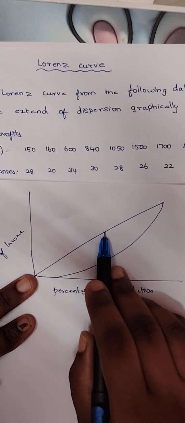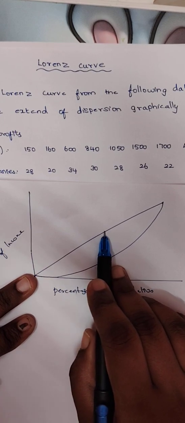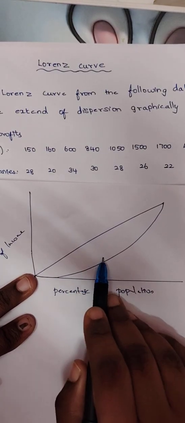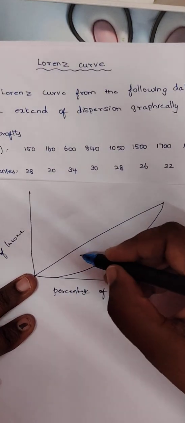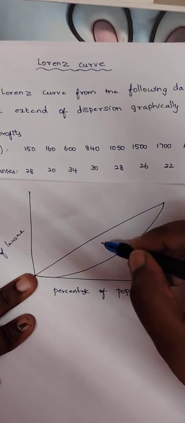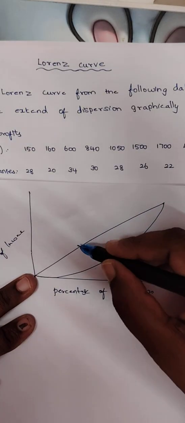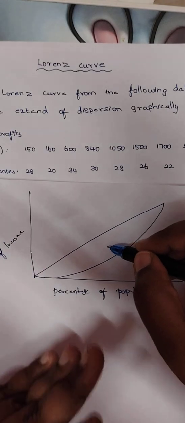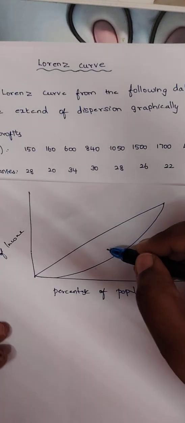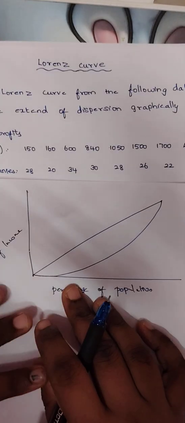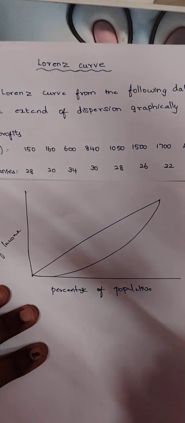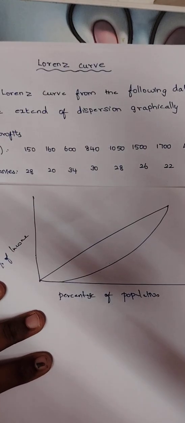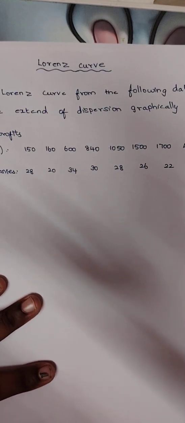But actually there's a fluctuation, there's an inequality, a much bigger difference here. To find this inequality, we use the Lorenz curve. So the Lorenz curve is used to find the inequality between the percentage of population and the percentage of income. That's it.